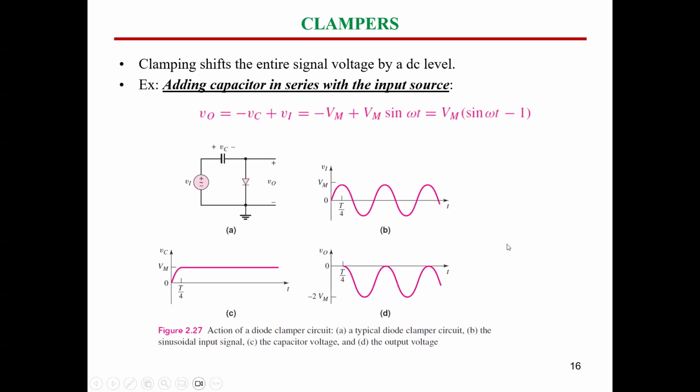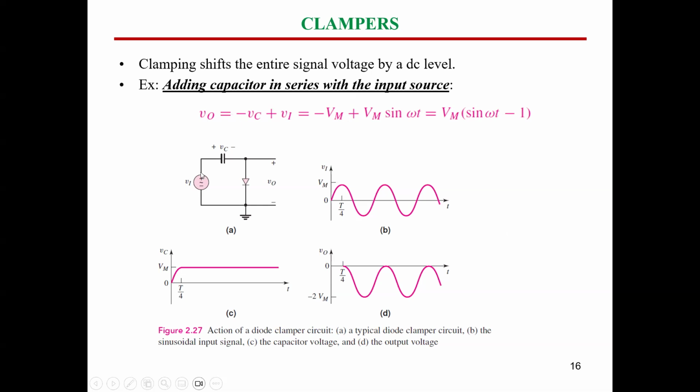Another important circuit, guys, or one of the important diode application circuits, is clamping circuits. So the last one is called the clipping circuit, and this is called the clamping circuit. What is the meaning of a clamping circuit?